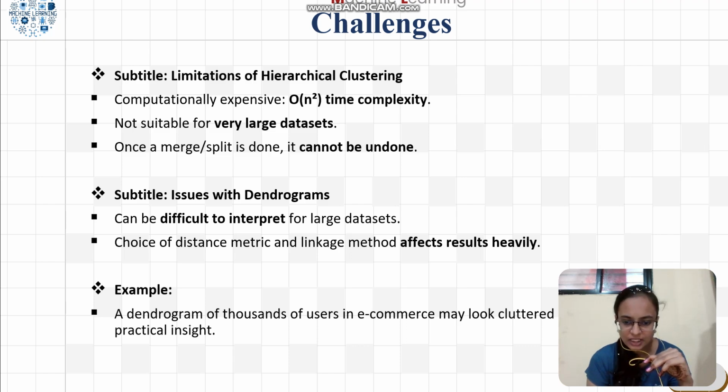Dendrograms can become difficult to interpret when the dataset is large. The tree may look cluttered. Finally, the results depend heavily on the distance metric and linkage method chosen. Different choices can produce different outcomes. For example, in e-commerce with thousands of users, the dendrogram might become so dense that it is hard to extract useful insights.